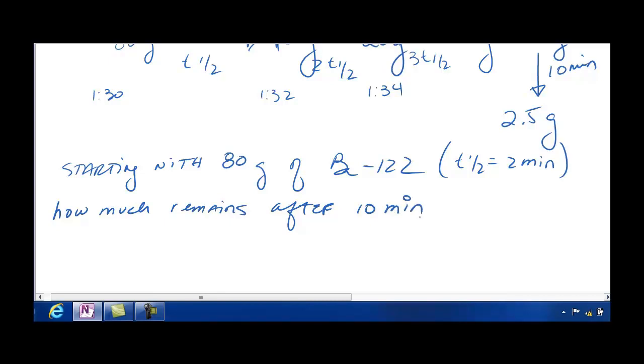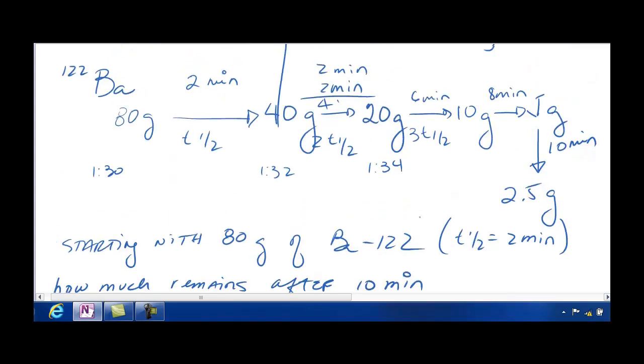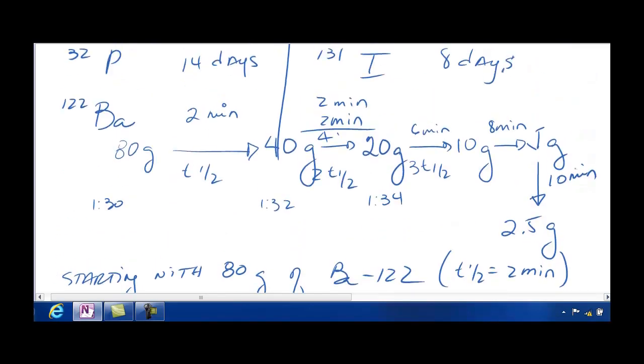So you go 2 plus 2 plus 2 again and again until you get to your 10 minutes. 2 plus 2 is 4, 2 plus 2 plus 2 is 6, 2 plus 2 plus 2 plus 2 is 8, 2 plus 2 plus 2 plus 2 plus 2, or 2 times 5. So 2 is the half-life, and you had to go through 5 half-lives. Are you okay with this concept? Any questions there? So going forward is good.